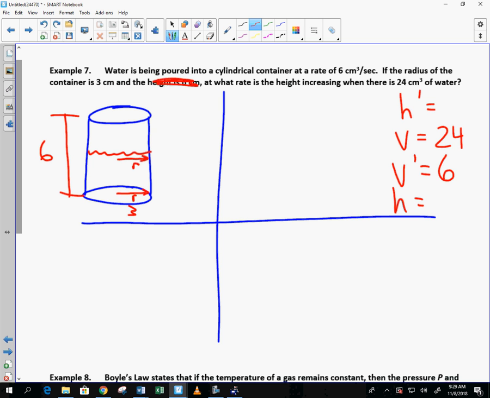What's my formula for volume of a cylinder? Pi r squared times h. Uh-oh, I have 2 variables, and they're being multiplied, so I have to use the product rule.